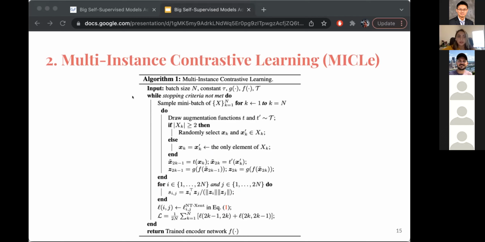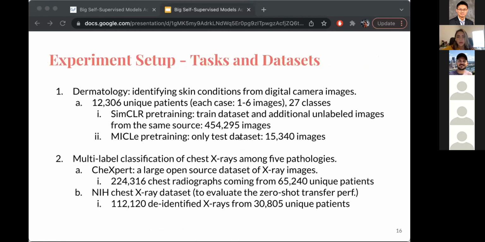Each bag here, X1, X2 to XM, contains images from the same patient captured from different views, and it can vary for different bags. They make the algorithm really clear in the paper.